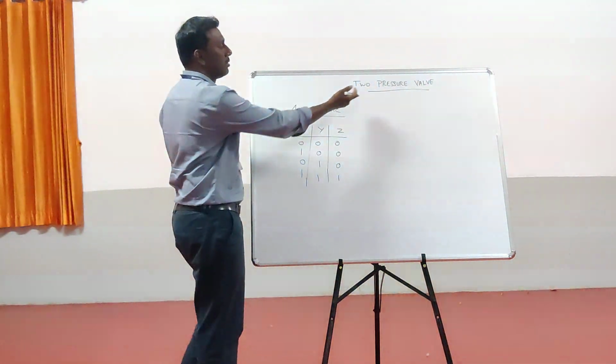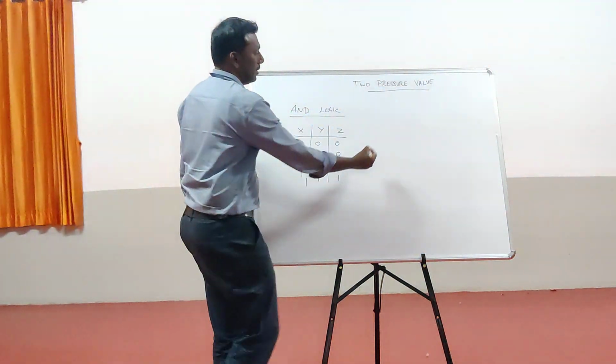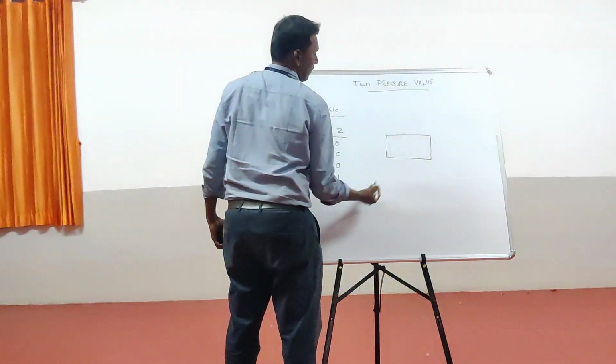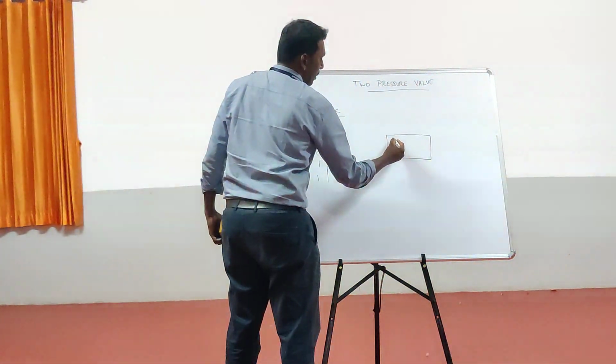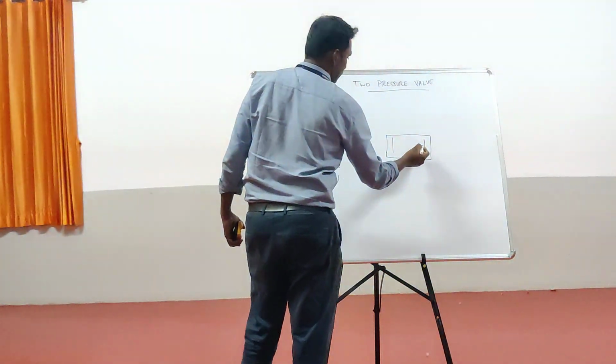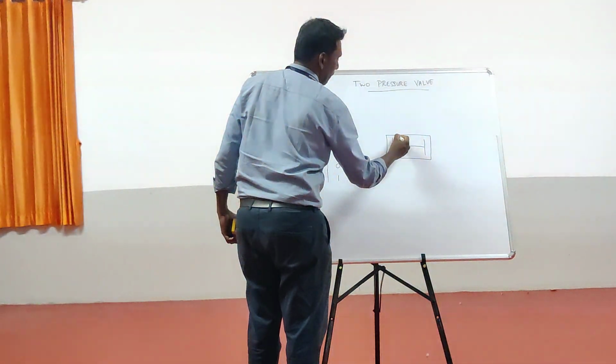This AND gate logic is present in the two pressure valve. So let's see the symbol of the two pressure valve. In the two pressure valve, we have two pressure lines. In between them, we have a spool.